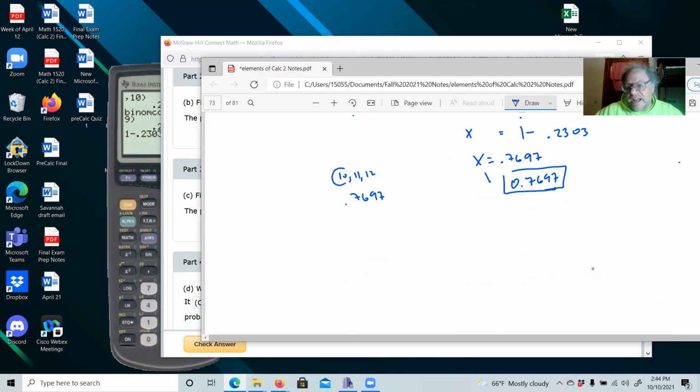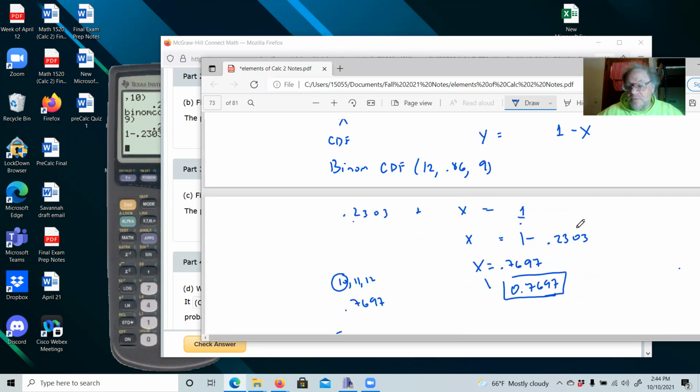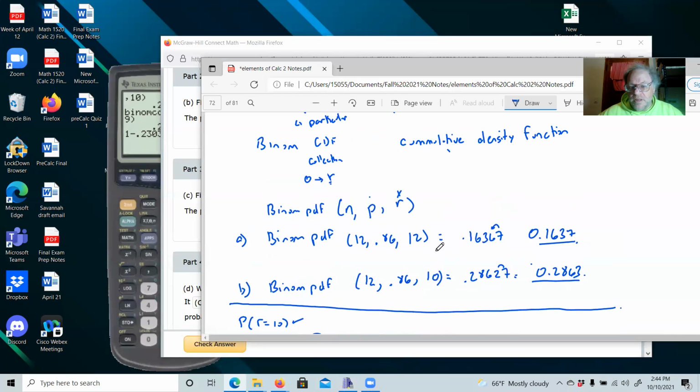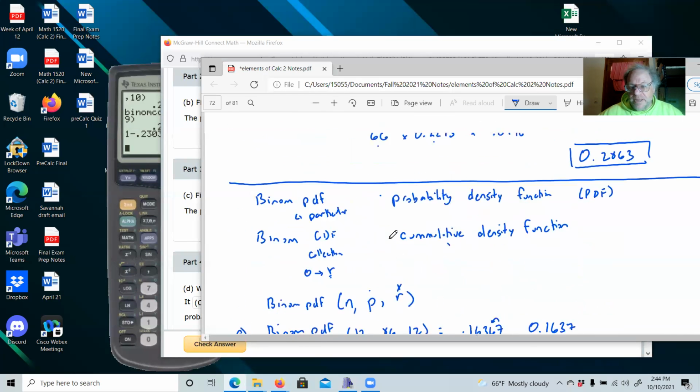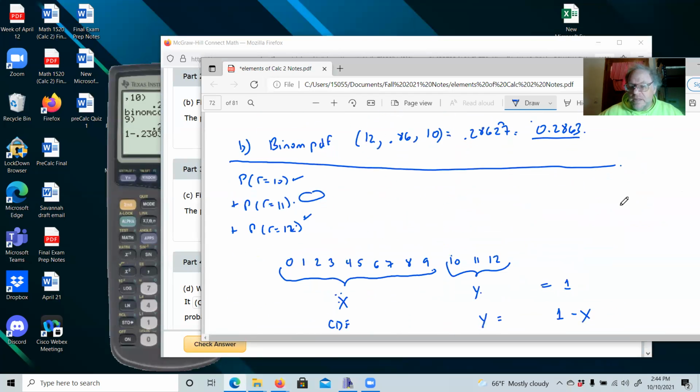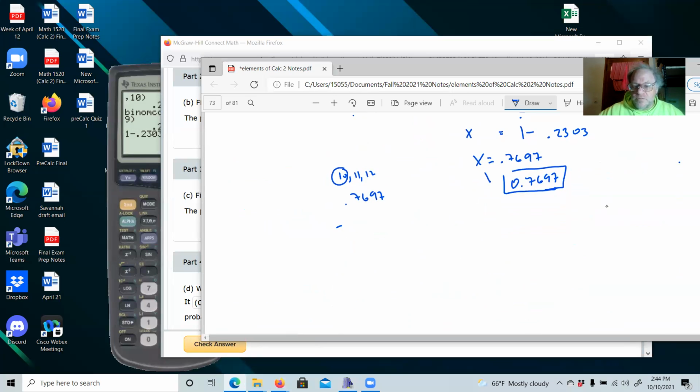If we subtract out the 10, that should just be 11 and 12. So we know 10, right? We know 10. We wrote that down earlier. That would be up here. 10 was 2863. So we're going to subtract out 2863, and that should be 11 or 12 of the flights.